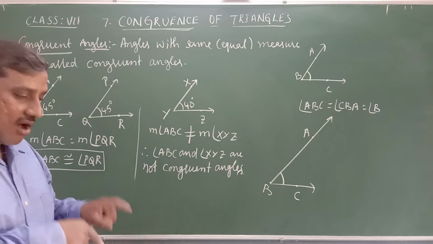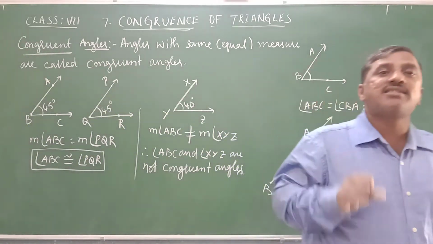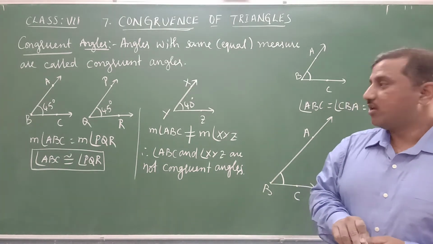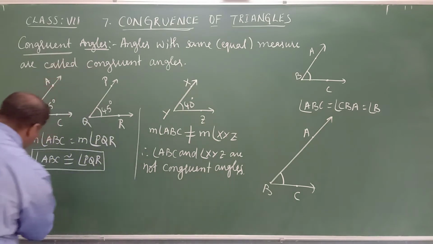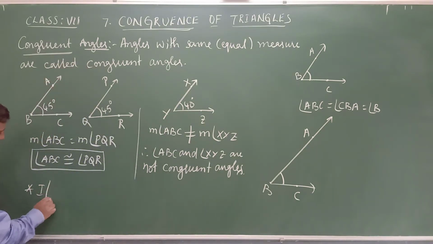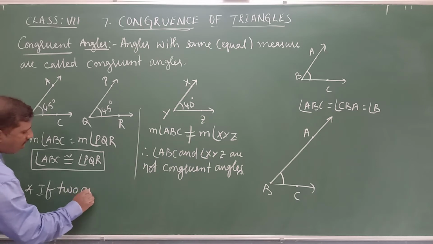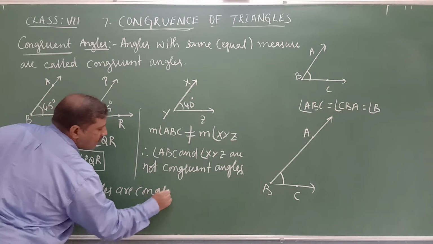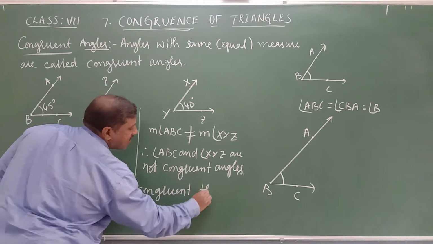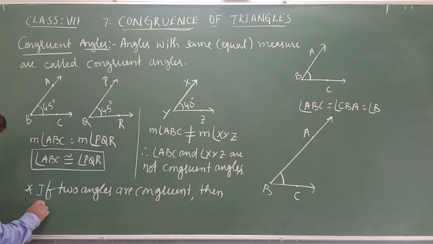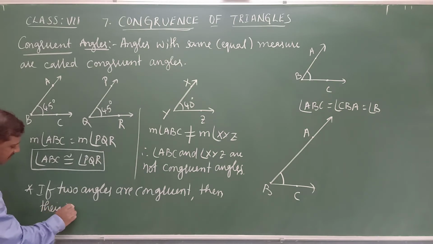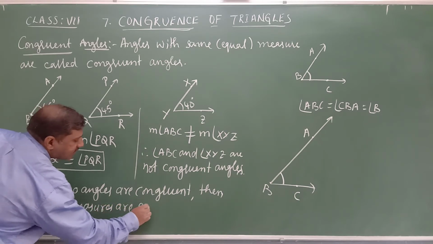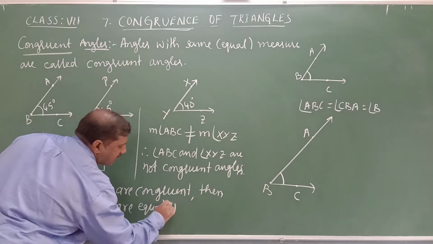Similarly, its converse statement: if two angles are congruent, then their measures are equal or the same.